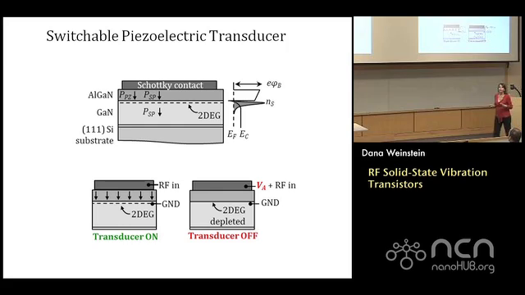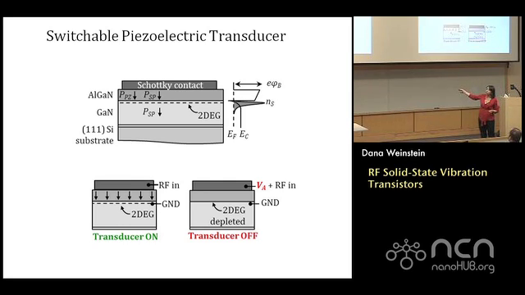Okay. I want to mention one element of these gallium nitride resonators, which is really rather unique. And that's the use of the 2D electron gas for transduction, for driving and for sensing. So the heterostructure that is used for gallium nitride resonators, as I mentioned before, is gallium nitride followed by aluminum gallium nitride.